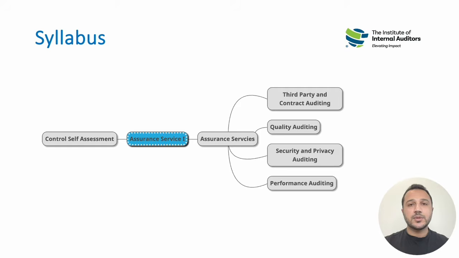Within the assurance services, we will be looking at a deeper level at what internal audit does when it comes to third party or contract auditing, how we as internal audit perform quality auditing, similarly security and privacy auditing and performance auditing, part of Unit 2 of CIA Part 1.